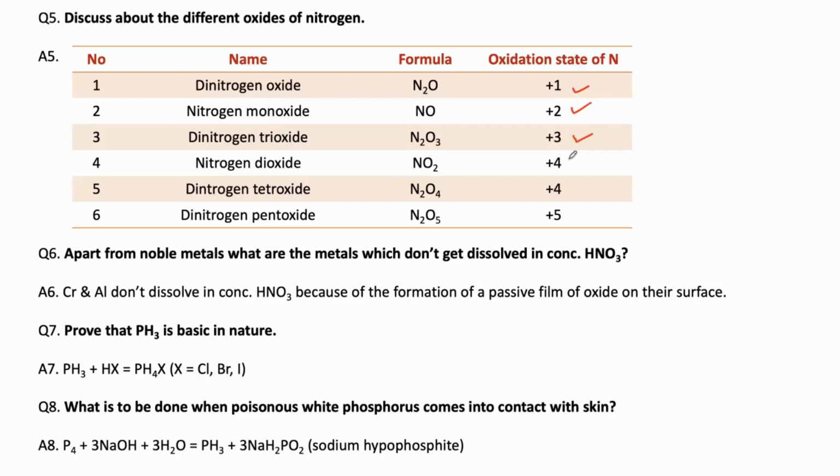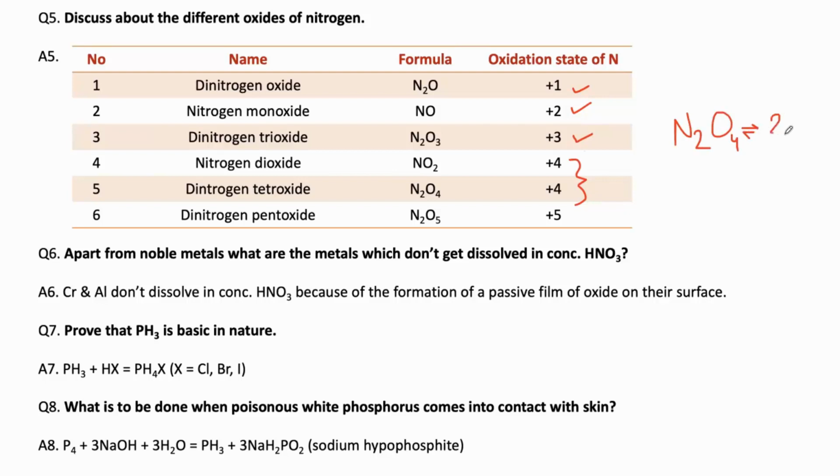At +4, we have 2 oxides. The first one is NO2 and the second one is N2O4. NO2 is nitrogen dioxide and N2O4 is dinitrogen tetroxide. N2O4 is nothing but the dimer of NO2.